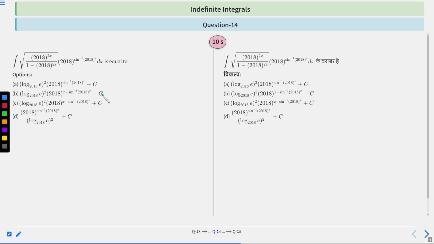Now the hint of this question is, again, you can take 2018 to the power x as t, then you will see that the equation will convert into integral form after adjusting and simplifying the terms. So again, you have 10 seconds to solve this question. After 10 seconds, we will discuss the solution.